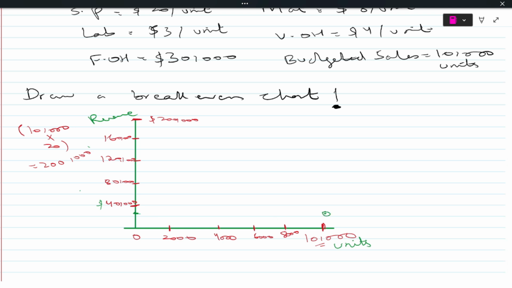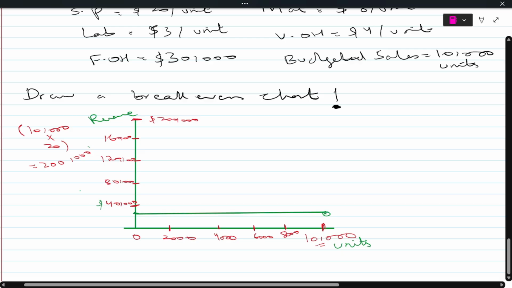And you're going to just draw the fixed cost line, a straight line like this, okay? Because no matter if it's 10,000, 8,000, 6,000, 4,000, 2,000 units, it does not matter because the fixed overhead would always remain the same, correct? So this is your fixed overhead or your fixed cost line, okay? Let me just use a different color because my y-axis and x-axis are also green.